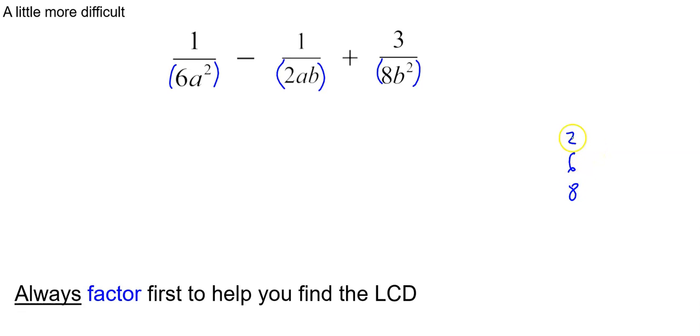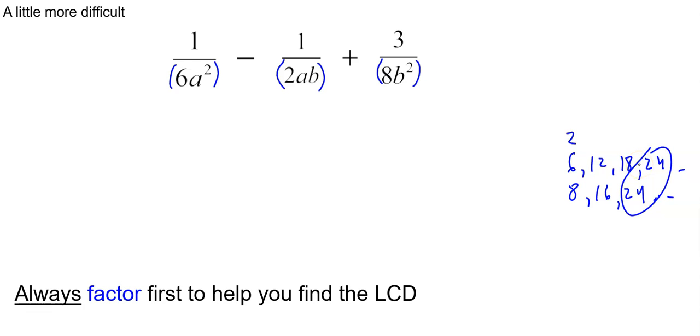So the 2 is going to go into any of those. And really, I'm just looking at the 6 and 8. So 6, 12, 18, 24, etc. 8, 16, 24, etc. There it is, 24. So 2 goes into 24 as well. So that's our common denominator. So I need a 24.